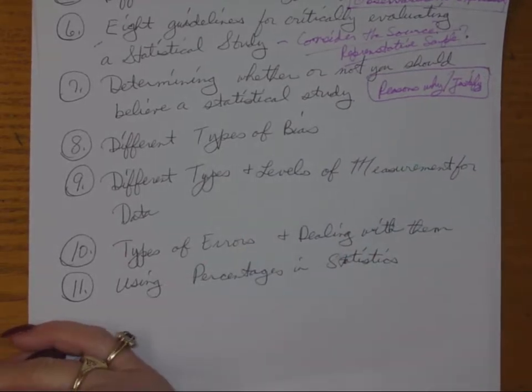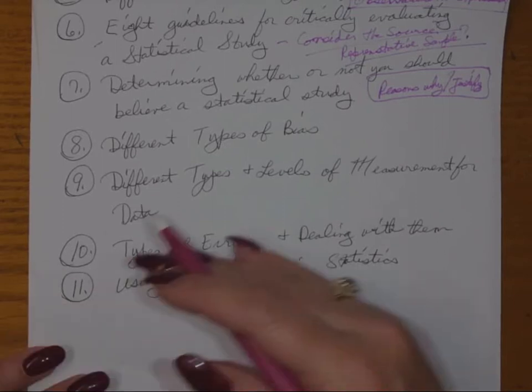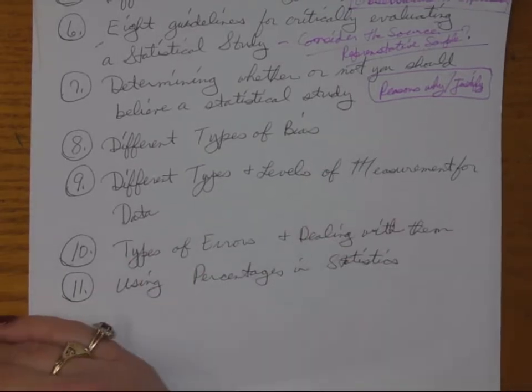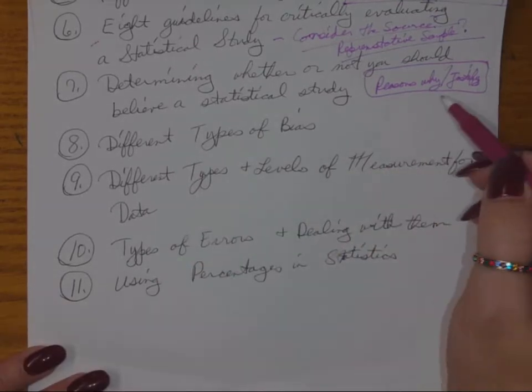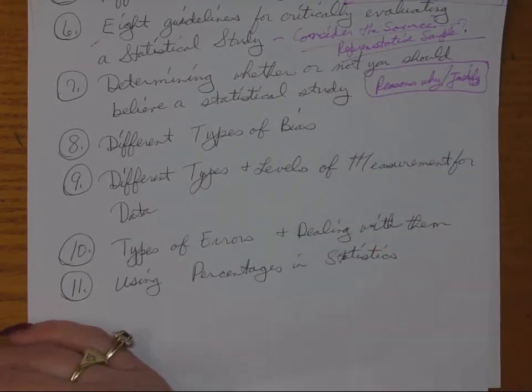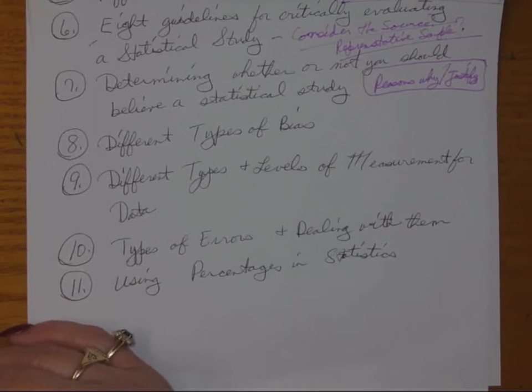That's why I said on this first test, there's not a lot of math calculations. We're not going to get to math calculations until we get way down here. So for this first test, you're writing English sentences. If you don't trust that statistical study, then you better be able to give me your reasoning, written out in sentence form. So that's what's going on there.